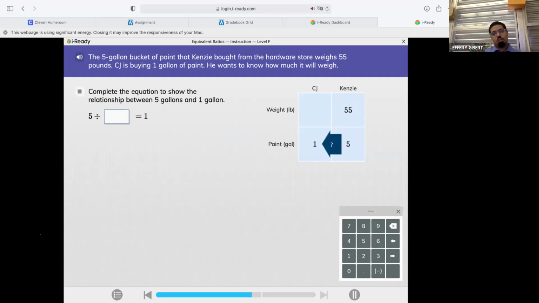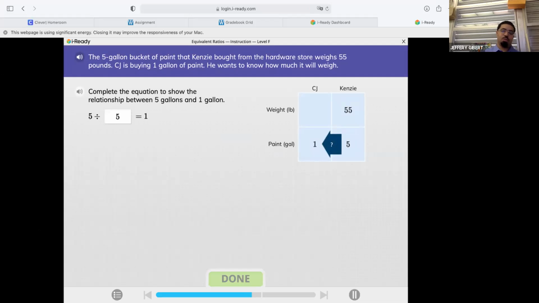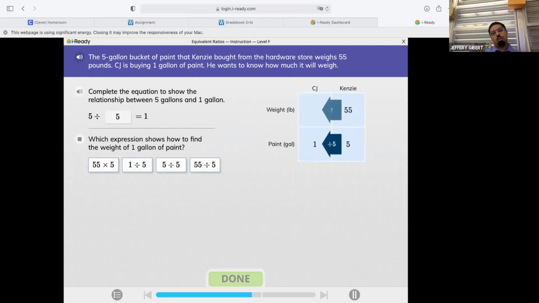Complete the equation to show the relationship between 5 gallons and 1 gallon. All right, so 5 divided by what is 1? It's 5. Which expression shows how to find the weight of 1 gallon of paint? 55 divided by 5, because we did 5 divided by 5 on the bottom. So you have to do 55 divided by 5.